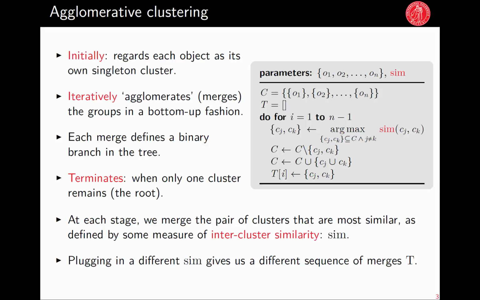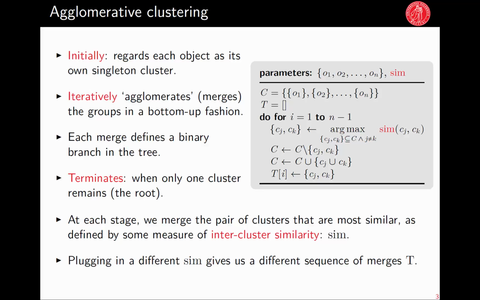The way bottom-up clustering works is that it starts by considering all the objects that we want to cluster as defining their own singleton cluster. So every object defines a cluster of its own. That's our starting point. And then we need to have some kind of similarity measure for measuring the similarity of two clusters. In each step, the algorithm will iteratively merge the two clusters that it finds to be most similar. That will be a new cluster.